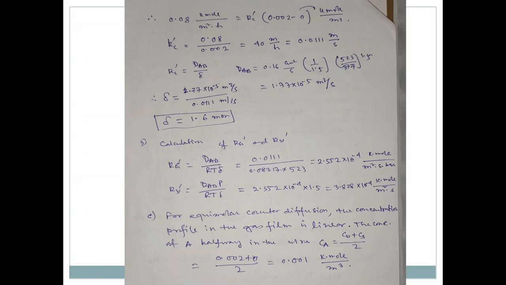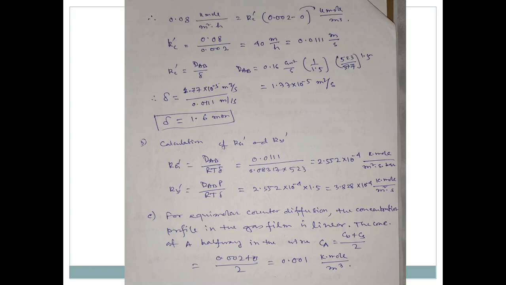So in today's lecture we have solved 3 problems. First problem was the relation between K capital Y and Kg. Second problem we have addressed was diffusion of A through non-diffusing B, where delta was given and we calculated the flux and different types of mass transfer coefficient with this correlation.